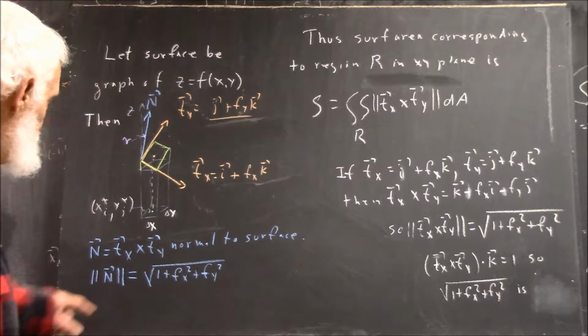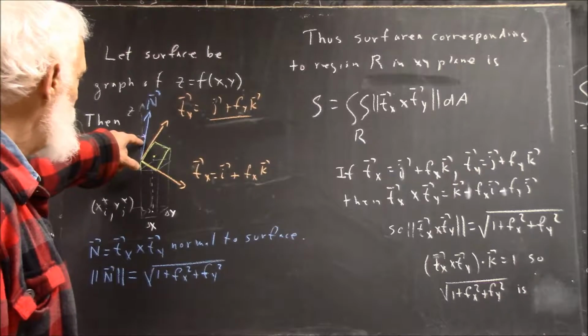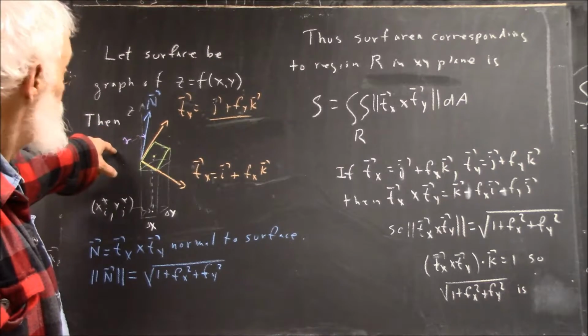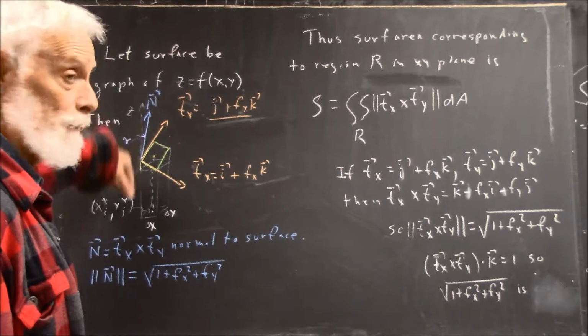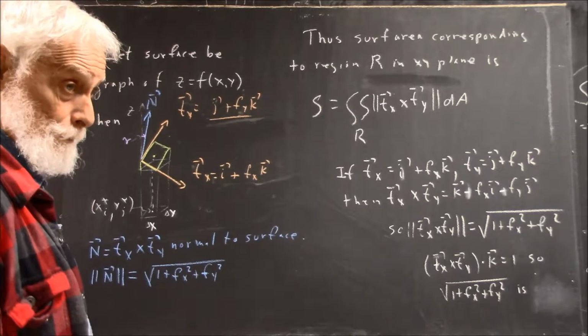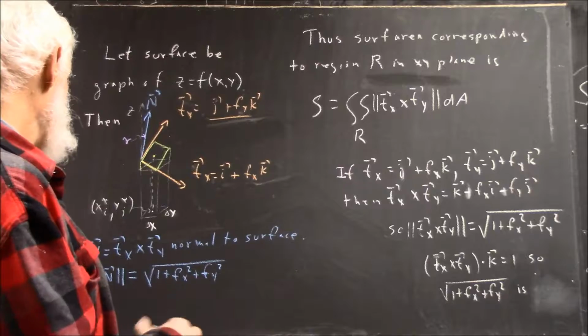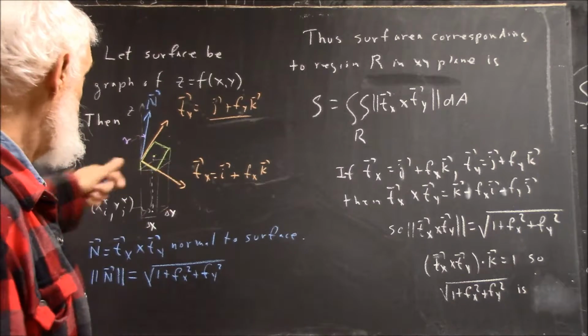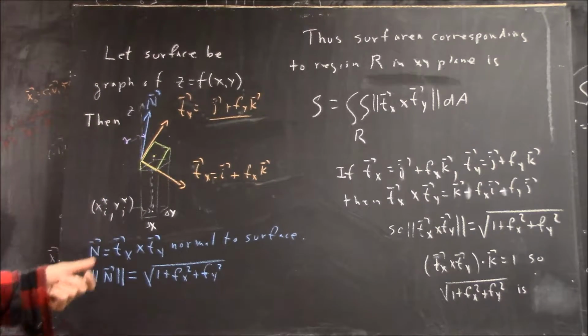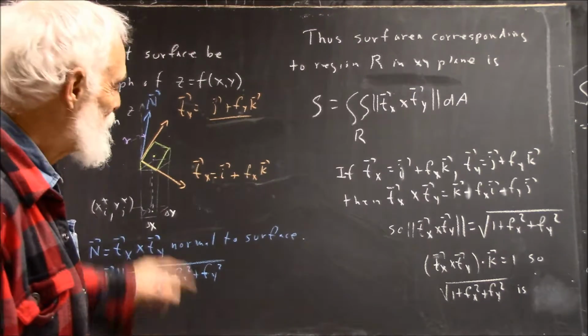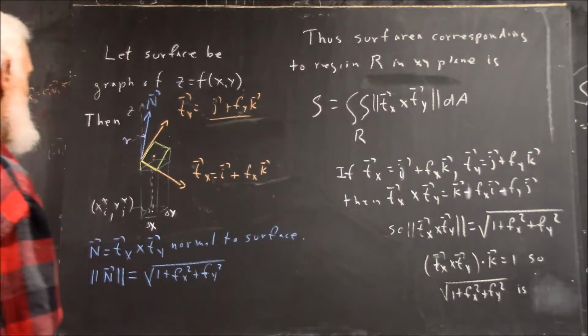Now, n makes an angle that I'll call gamma with the k vector, with the z direction. And as I said before, I think I'm not going to post that video, because I was messing all this up.